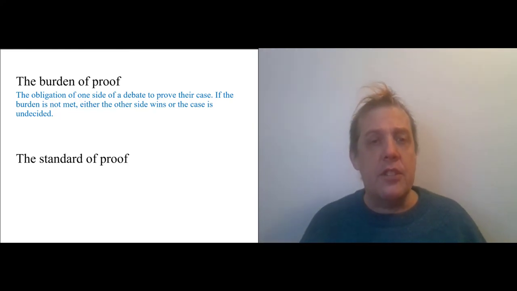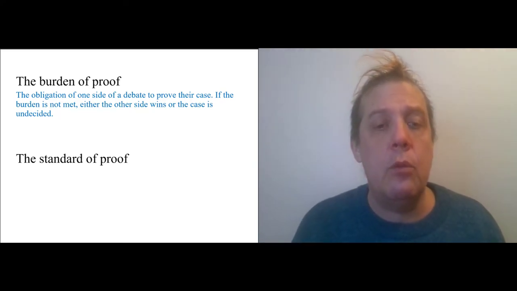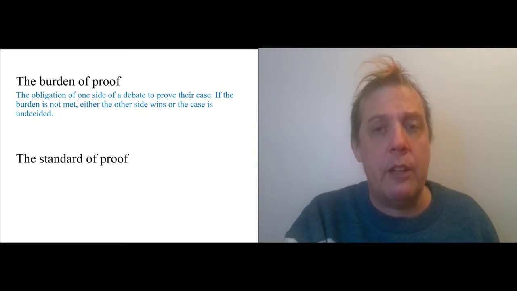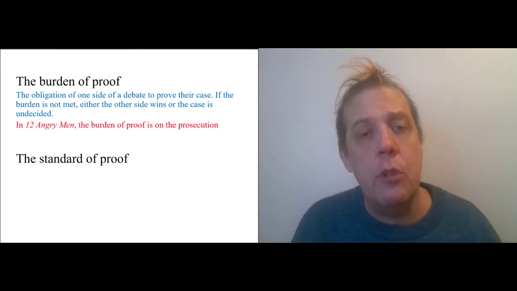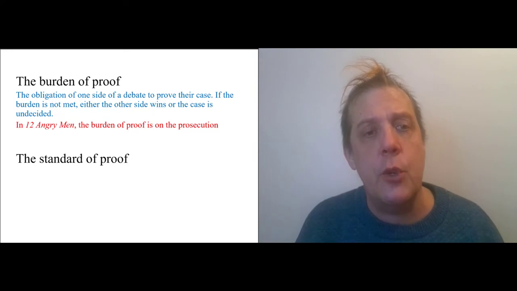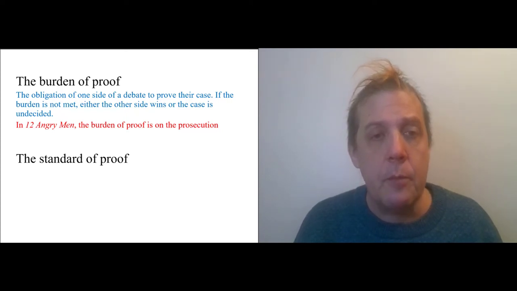So this is actually a simple thing to understand because it makes perfect sense in 12 Angry Men. They say in 12 Angry Men, the burden of proof is on the prosecution, right? And that is standard for American criminal cases, right?